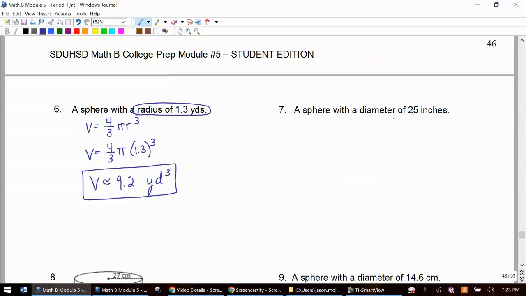All right, next one. We're going to cut this in half. 12.5. This might be a good one to pause the video and see if you can do this one on your own. And keep telling yourself this is cubed, not squared.